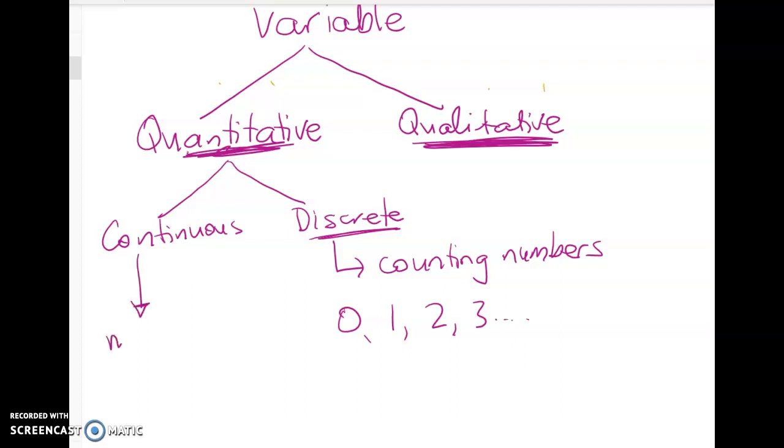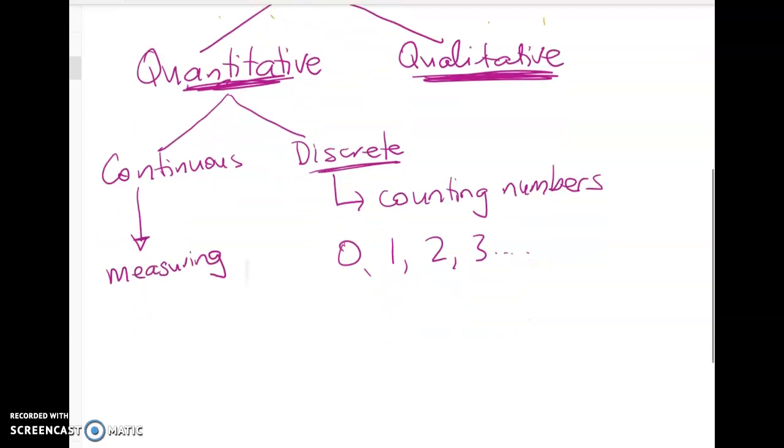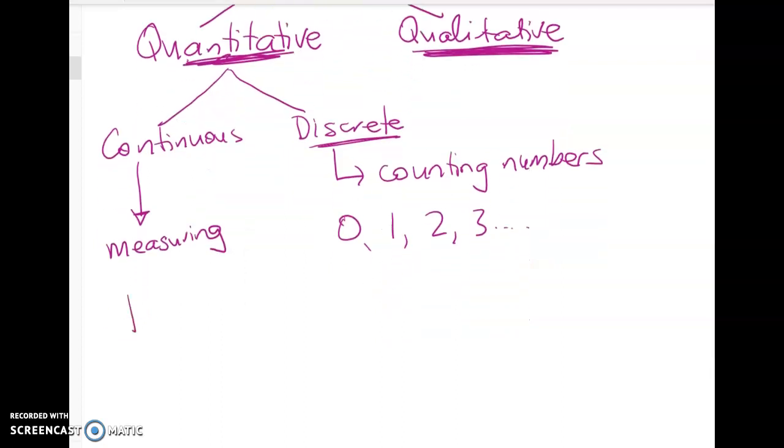Continuous is where we are measuring something and we can always make our answer more accurate. So if you think about height, for example, and you say that someone is 1.5 meters, well, if you took them into a physics lab at school and you got a more accurate set of measuring stuff, then you could figure out that actually that 1.5 meters might be 1.51 meters.